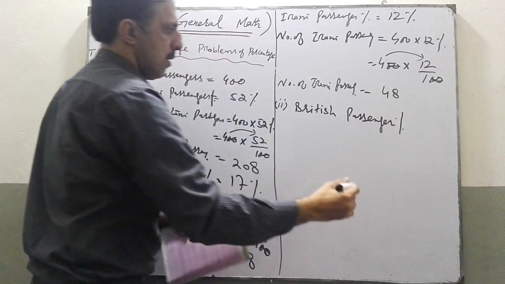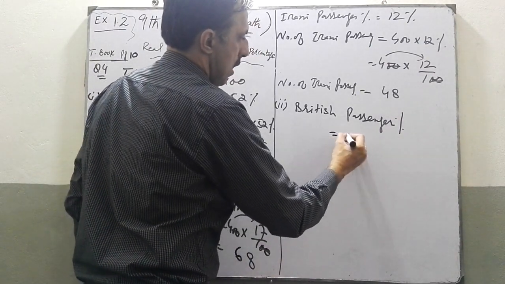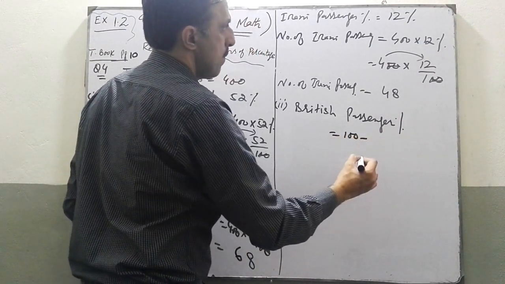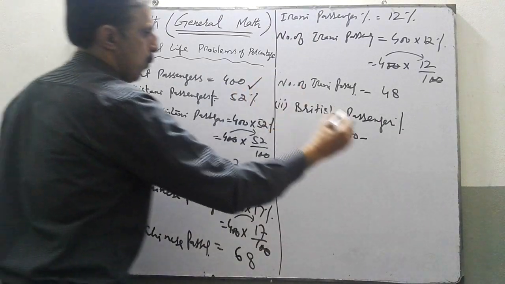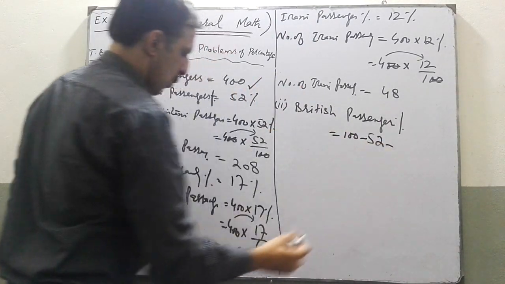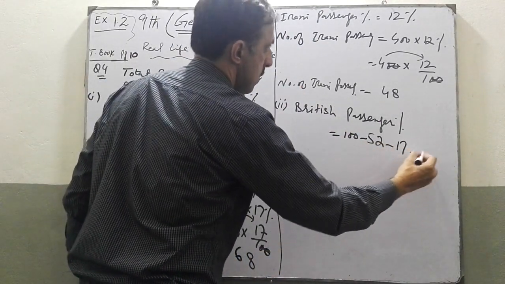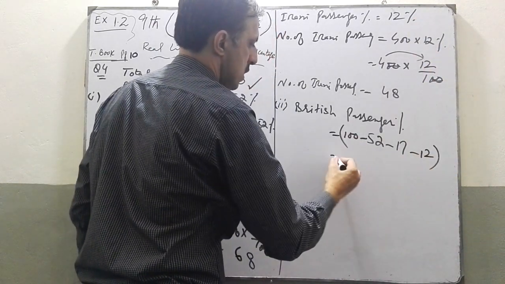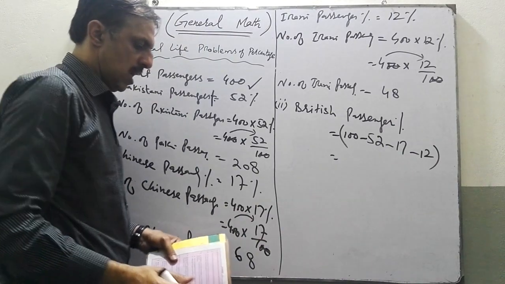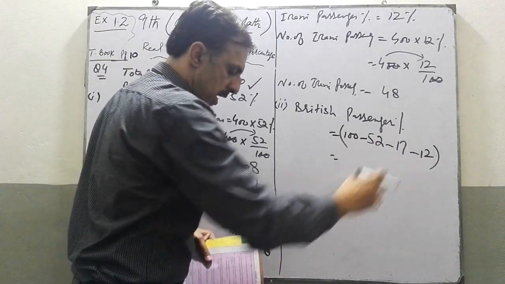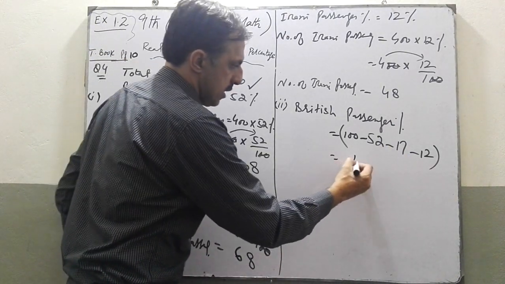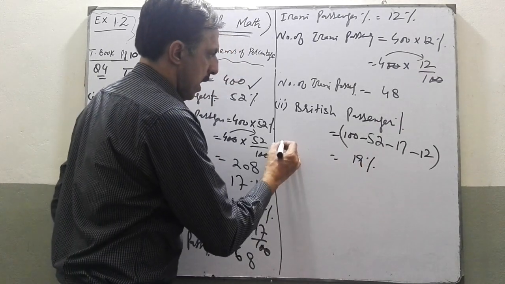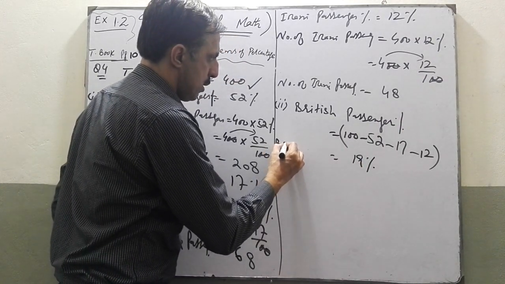We will find it by 100 minus the remaining: 52% minus, the other one is 17% minus, the other is 12% minus. The remaining amount is 100 minus 52 minus 17 and minus 12. Your answer is 19%. That is your British passengers percentage.